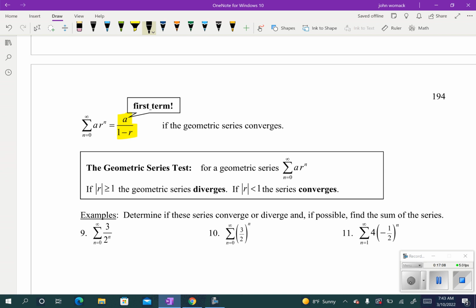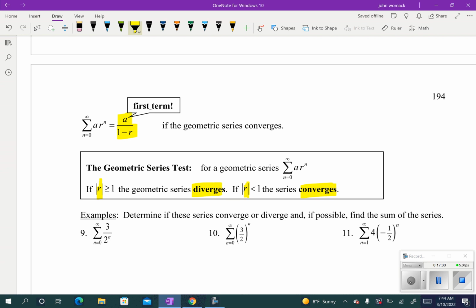Geometric series can always be written this way, and you look at the common ratio. If the absolute value of the common ratio is greater than 1, it diverges. If the absolute value of the common ratio is less than 1, then it converges. So go through and look at that.